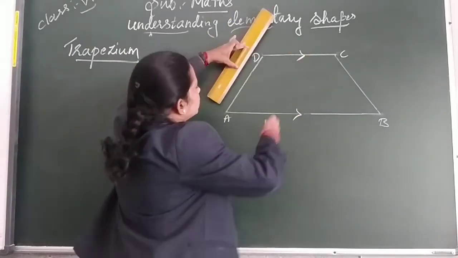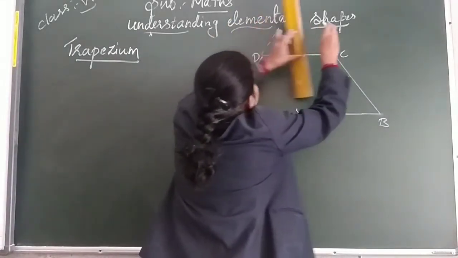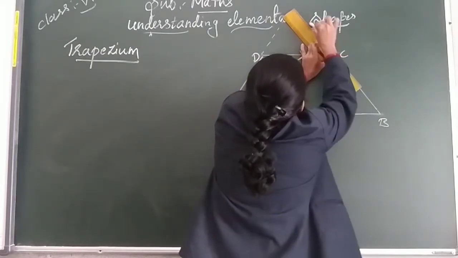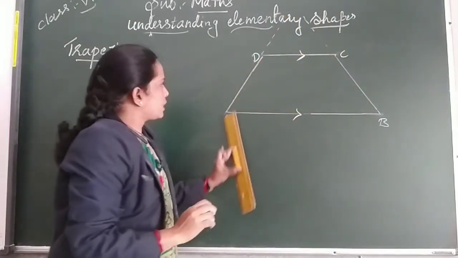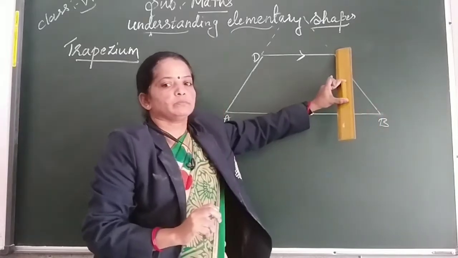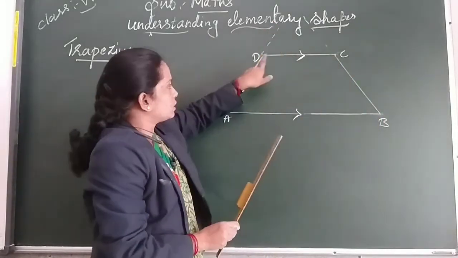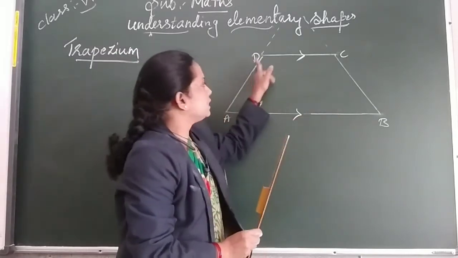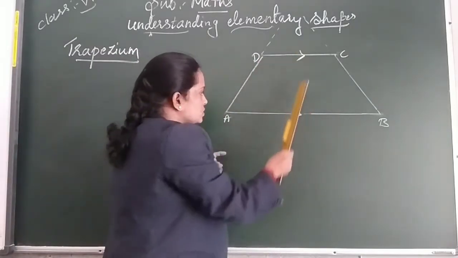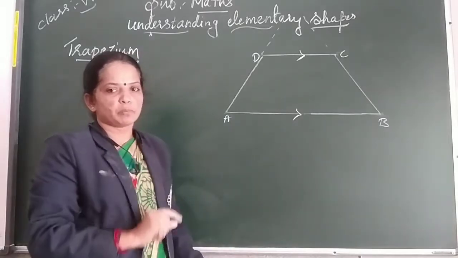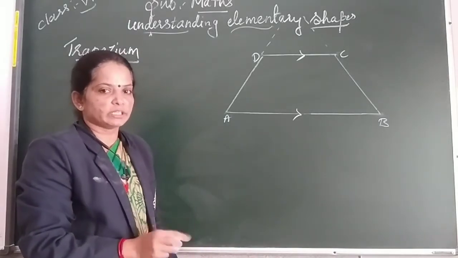See here, if you extend these lines, these two will meet each other. So AD is not parallel to BC. But AB is parallel to DC. So one pair of opposite sides are parallel to each other.